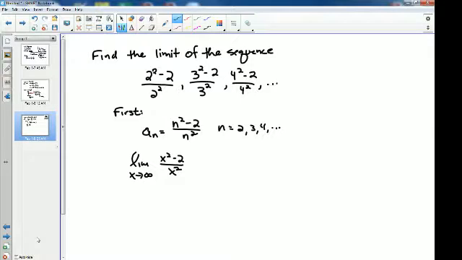Like we use a sub n here. Is this a sequence? Proper mathematical notation for a sequence is to call it a sub n. Some people call it S sub n. S is a sequence with term n, which I think makes sense.